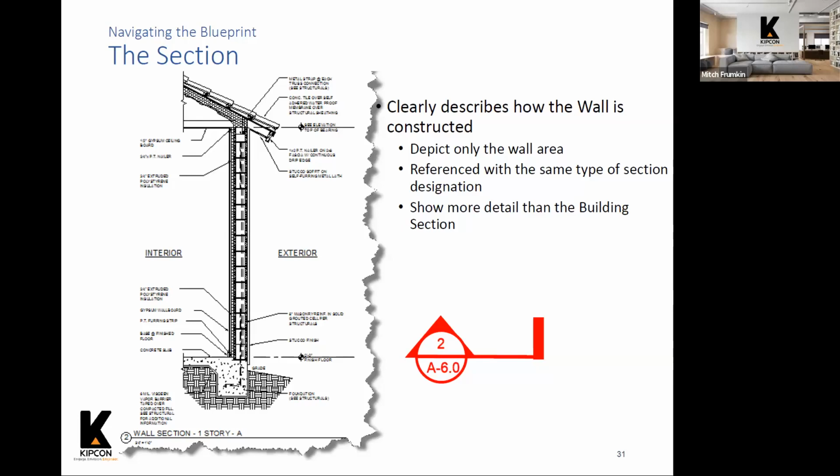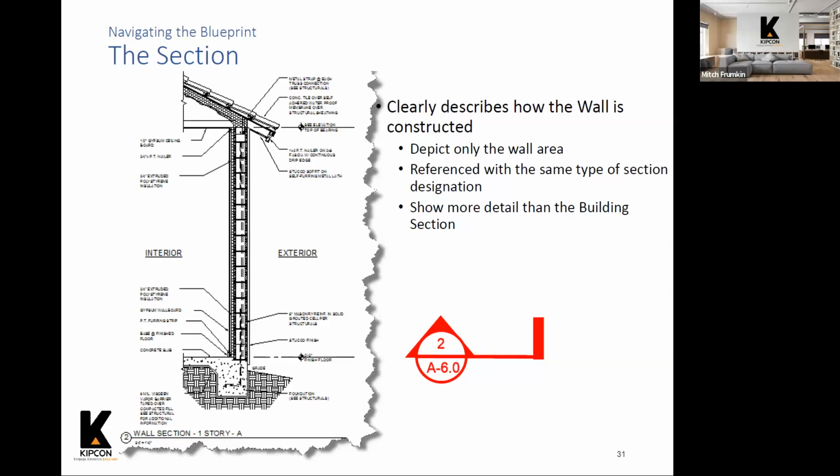This particular detail shows the entire height of the wall. This particular detail is for a stucco exterior wall on masonry. So it shows the masonry block and how it sits on the foundation. It shows that our foundation is reinforced.